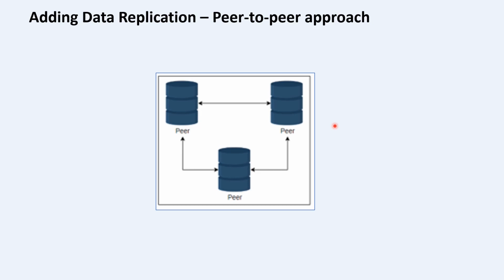For example, this server got some writes, but it will also propagate that data to its other peers. So all the nodes are taking reads and writes, and they sync up data with each other asynchronously. This is a very good approach for a highly available system.